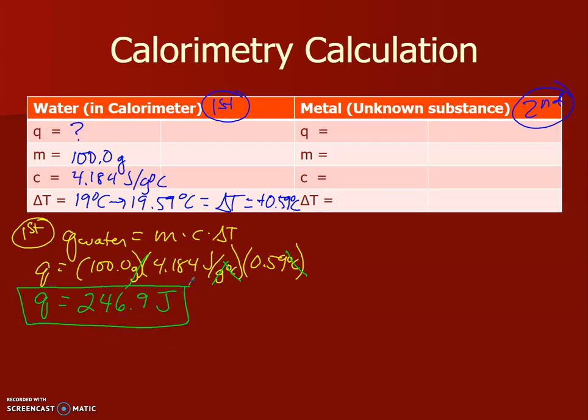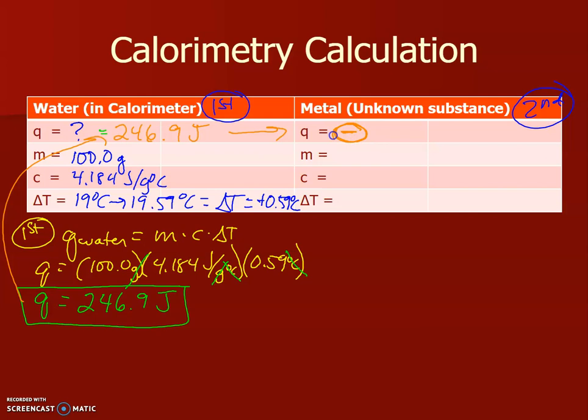I do that first. That is this value right here. 246.9 joules is how much energy the water in the calorimeter absorbed. This is also how much energy the metal lost.